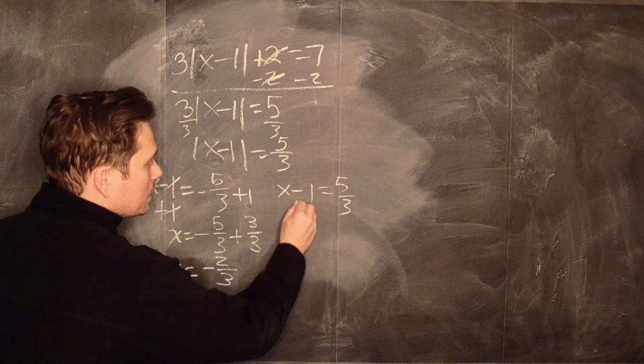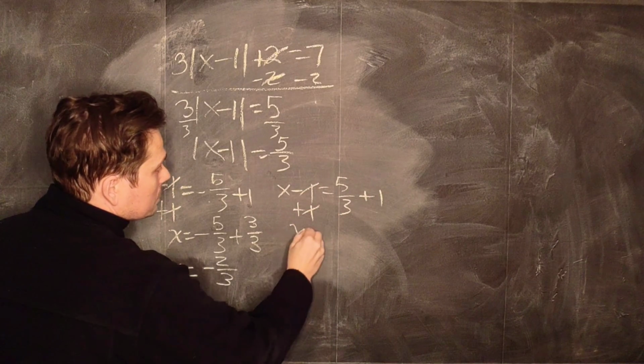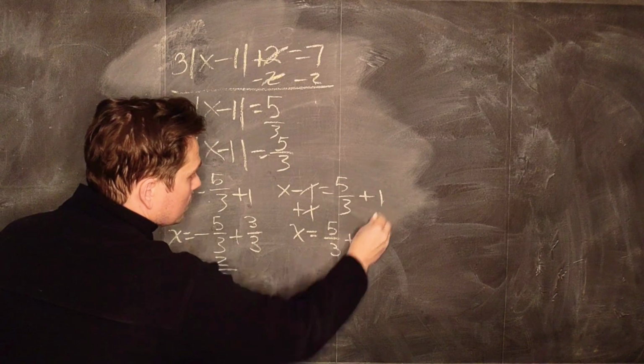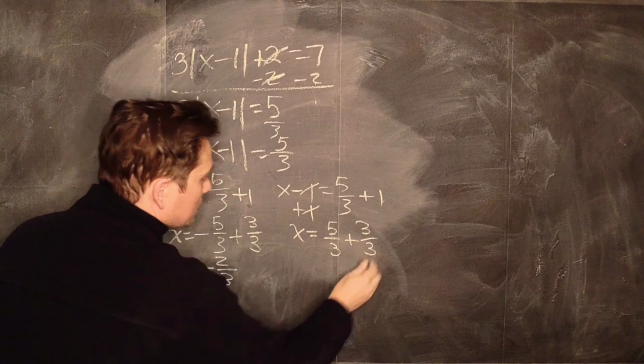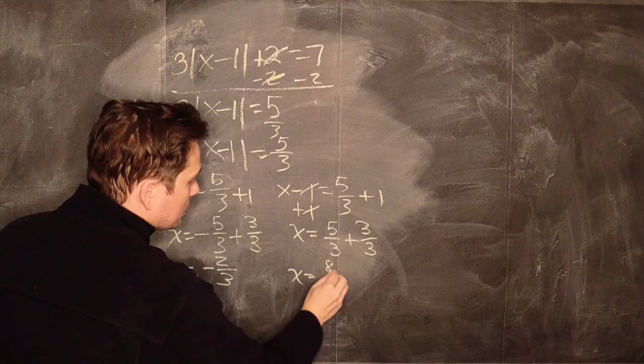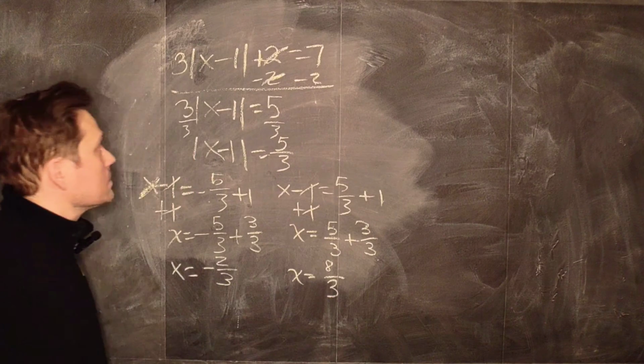With this one here, add 1. Cancel these, so you have x is equal to 5/3, and then we write the 1 as 3/3 so you can add. So x would be equal to 5 plus 3, which is 8, over 3. So x is equal to 8/3.